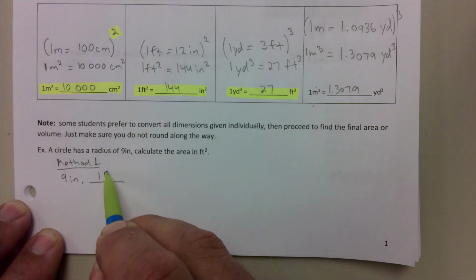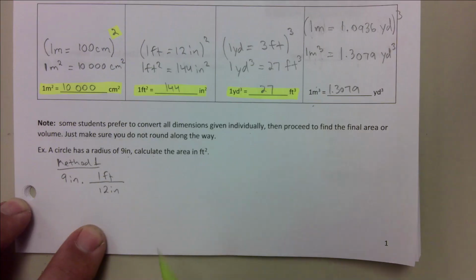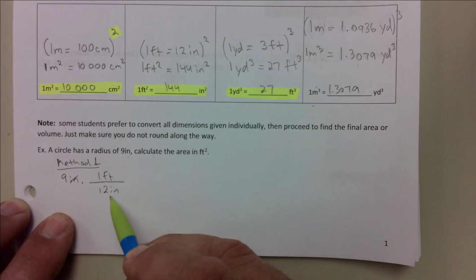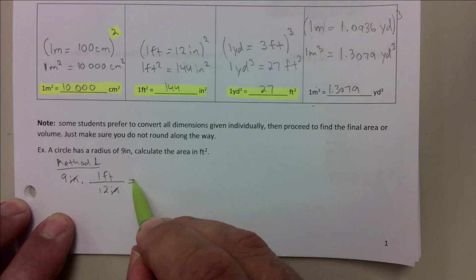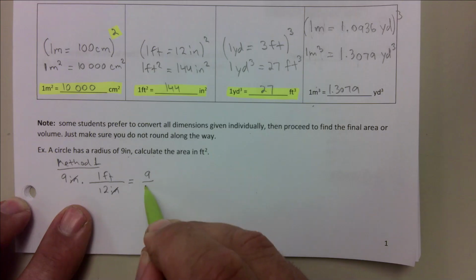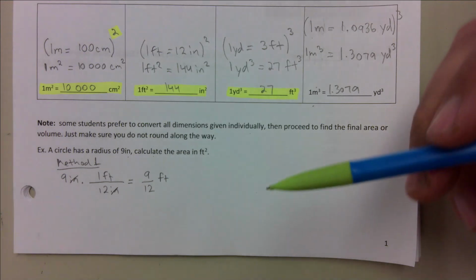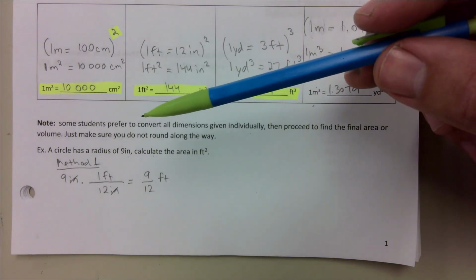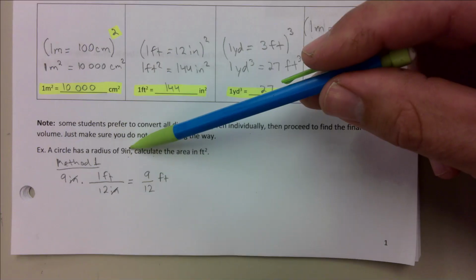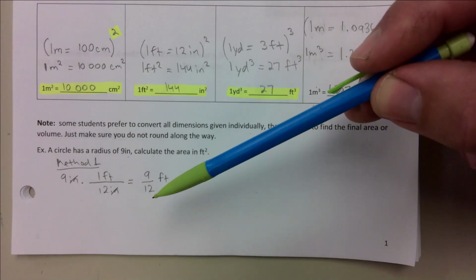We go 9 inches. We're going to say that 1 foot has 12 inches. We cancel that out. And watch what I'm going to do here. 9 times 1 is just 9 over 12 feet. And here's something I want you to remember. Whenever you're given inches, anything in inches, just put a 12 under it and you turn it into feet, just like that.